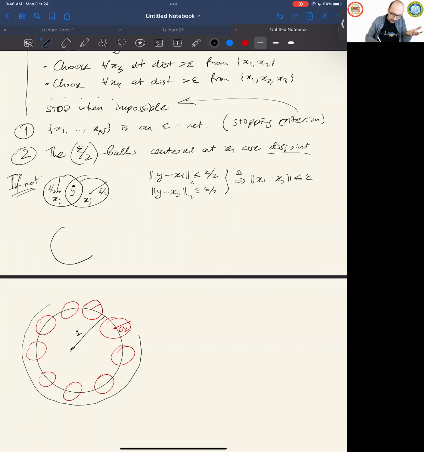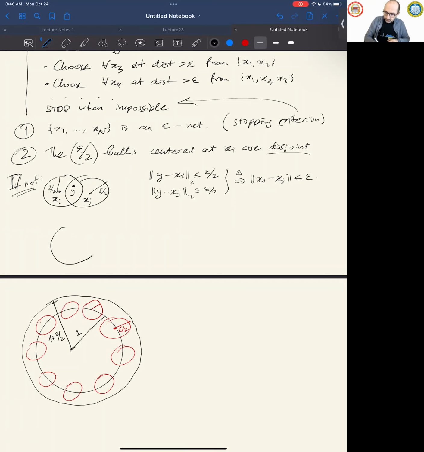All of these balls lie inside a slightly larger ball, namely of radius 1 plus epsilon over 2. I just want to include everything. And they form a packing of it.